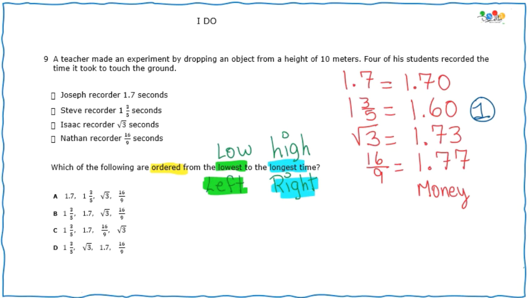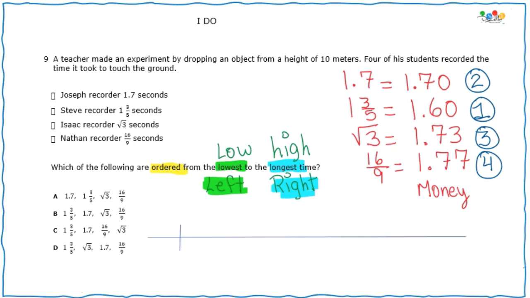No, right? $1.70. Very good. And then the next one would be $1.73 and $1.77. So if you want to think about money, that's a very good way to do it, right, guys? But I would like to do the number line as well. So let me give you a couple of seconds to do a number line.